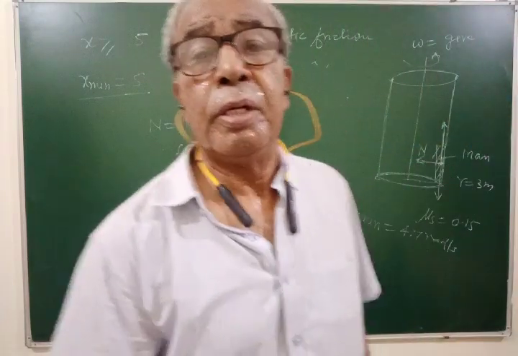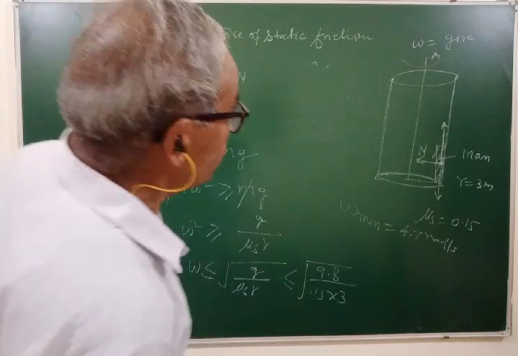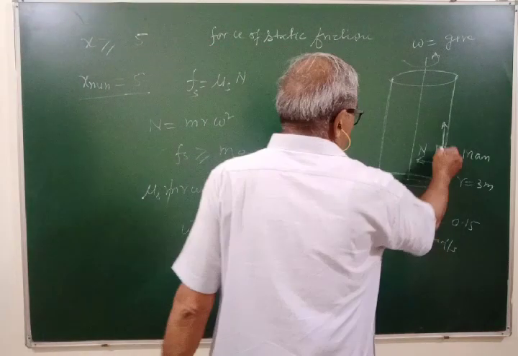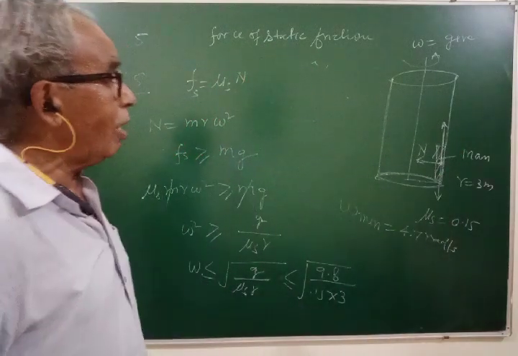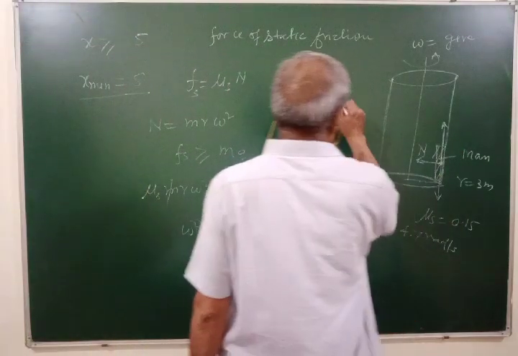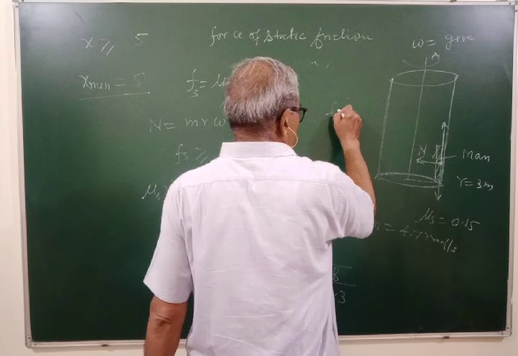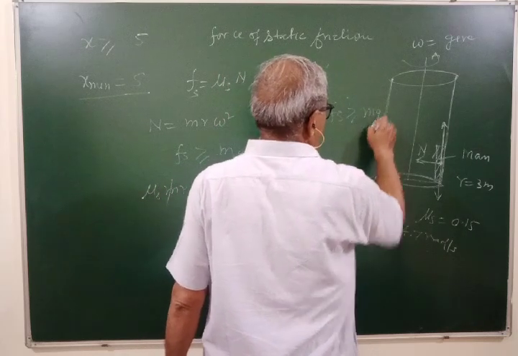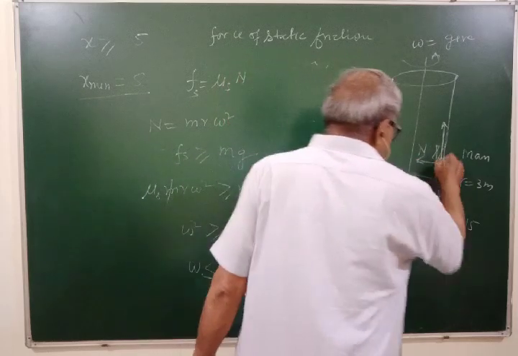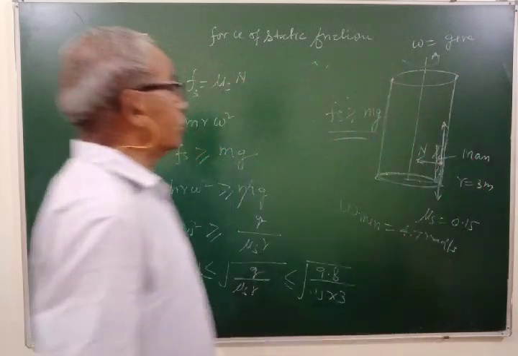I think you have enjoyed the two questions. I told you that to keep the man stationary, or stuck with the wall of the drum, the force of friction should be greater than or equal to mg. The weight of the man is balanced by the force of friction.